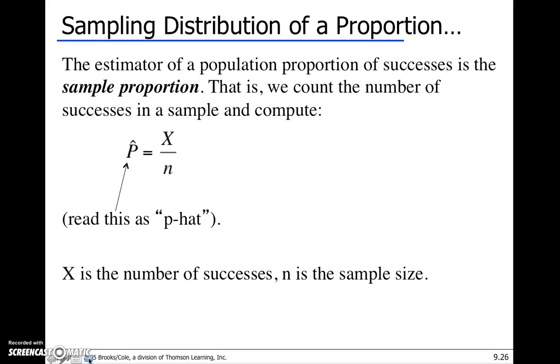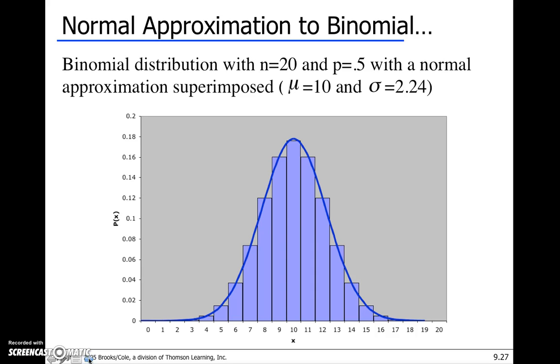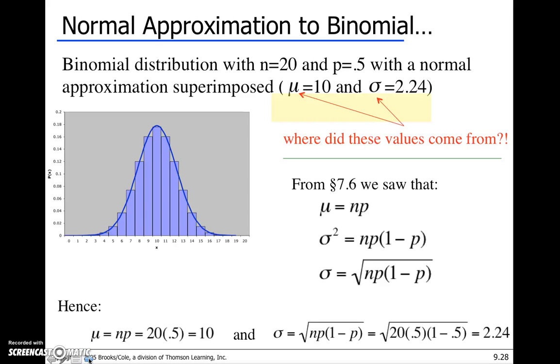Sampling distribution of the proportion is excluded from our course at the moment. It's included in the course outline, but it's excluded in our course. Normal approximation to the binomial is included in the course outline, but it's not applied in this course at the moment.